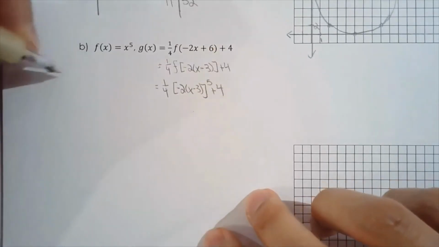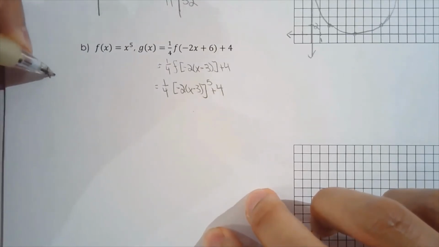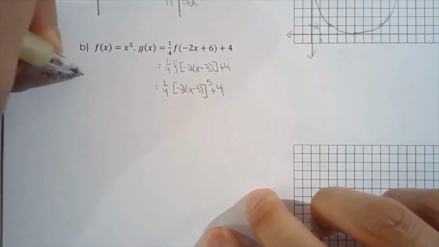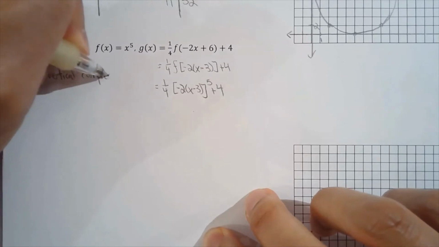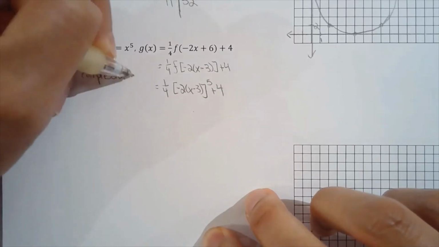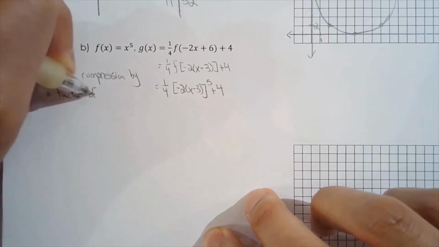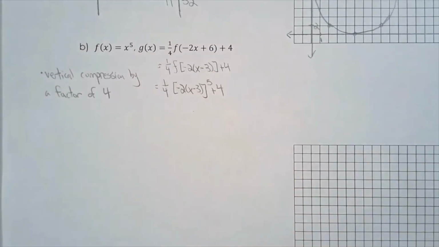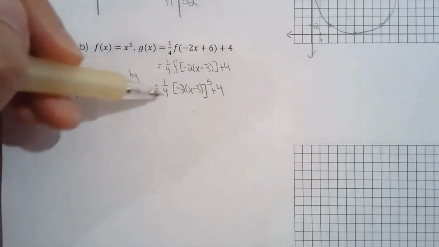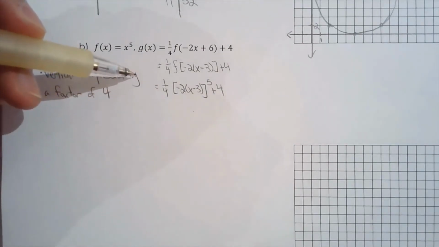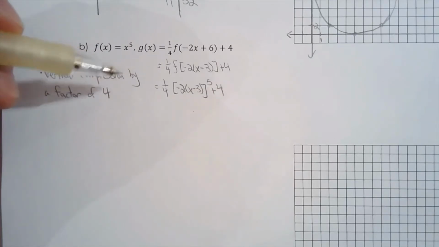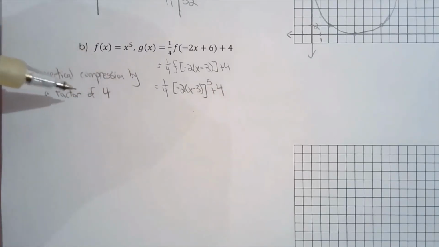So now let's state the transformations. Vertical compression by a factor of 4. The textbook will say vertical compression by a factor of 1/4. But like I said, you're taking the y coordinates and multiplying by 1/4, or you can say dividing the y coordinates by 4.